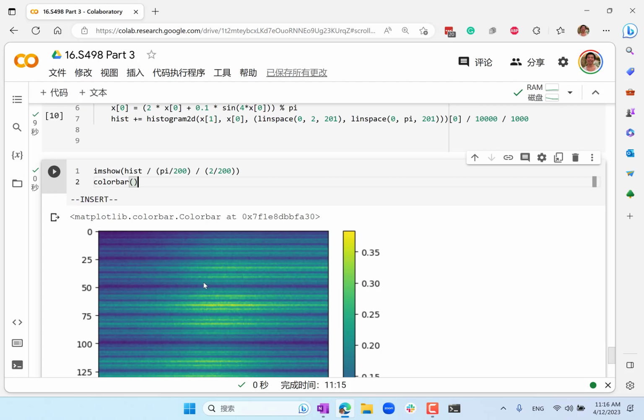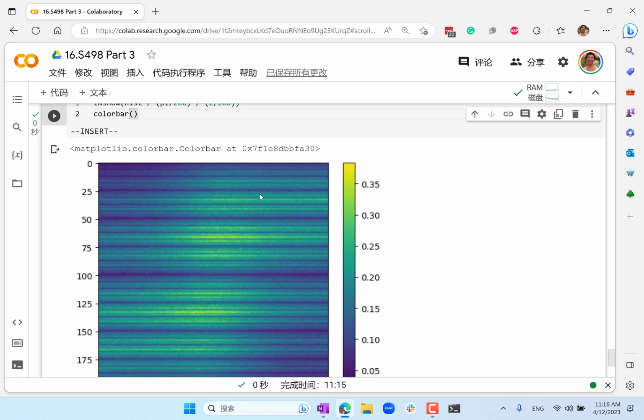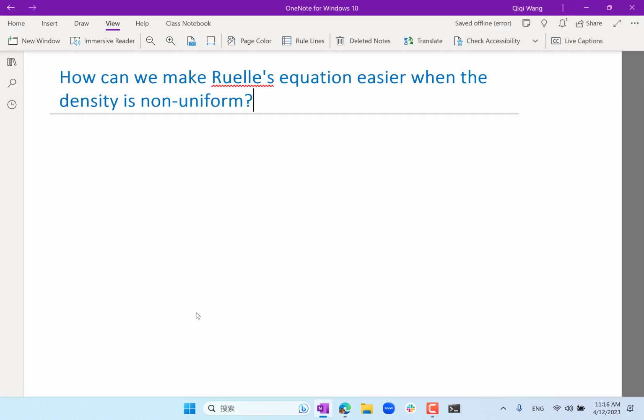Okay, so let's think about, in this case, how do we evaluate Ruelle's linear response formula? That is when we have a density that is first of all non-uniform, but also not even continuous in one of the dimensions.